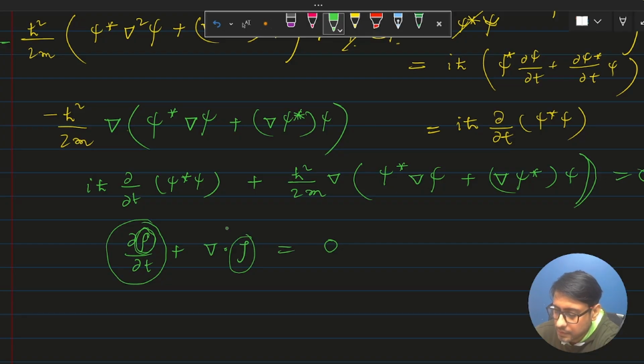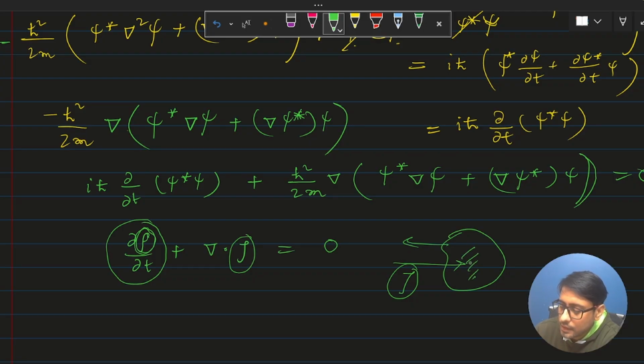If this is positive, then it is being added, and if it is negative, then it is going out. If something is coming in or going out of a certain region, it is given by the current or the flow, which is represented by J, and inside there is some change, and that change is del rho over del t. It can be for any physical quantity, like flow of water, flow of current, charge.